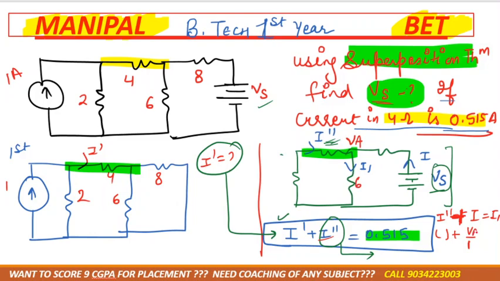This is VA by 6 K, or you can say I1 is equal to, this one, 0 minus Vs plus Vs, 0 plus Vs divided by 8, right? And similarly, I double dash you can write as 0 minus VA divided by 4 plus 6.